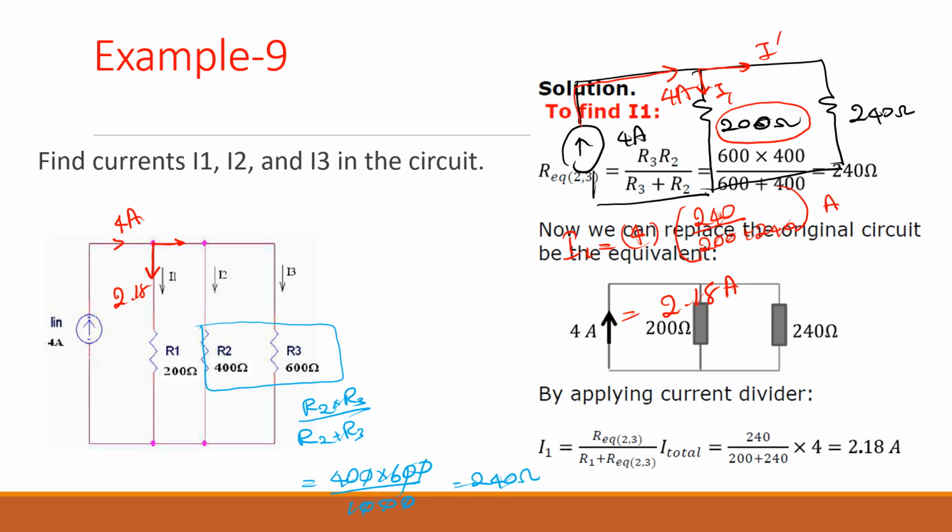So 4 is coming in, 2.18 is going this way, so this one here should be 4 minus 2.18, which is 1.82.